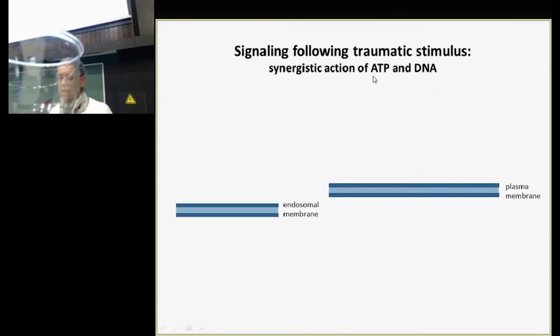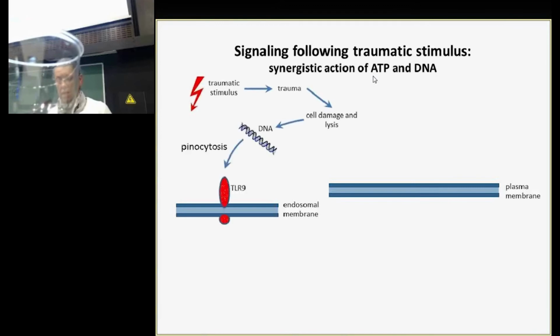So ATP can be released from erythrocytes and from any dying tissue, and this is a so-called traumatic stimulus. The essence of trauma: cell damage and lysis, free DNA, and the free DNA can be recognized by toll-like receptors and also other receptors inducing inflammation, and lead to the activation of NF-kappa B and transcription of pro-IL-1 beta.